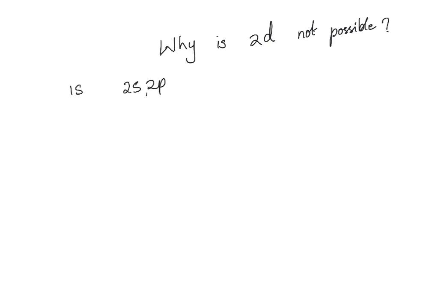Now some other type of conceptual questions could be, why is 2d not possible? Right? You have 1s, 2s, 2p, but you don't have 2d. Why is it not possible?